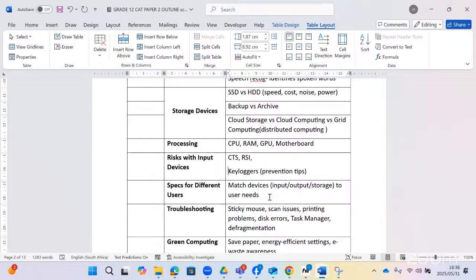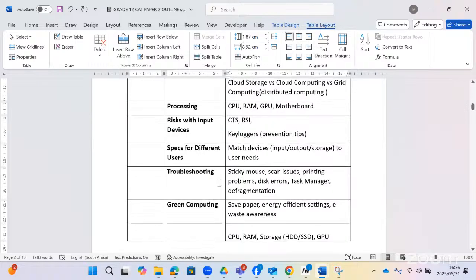Example, the power user like a gamer or somebody who's like an engineer or photographer, they will need more processing devices like GPU, they need more RAM, and they need input devices like maybe joysticks and others. So you need to compare each user and what kind of devices that they need.